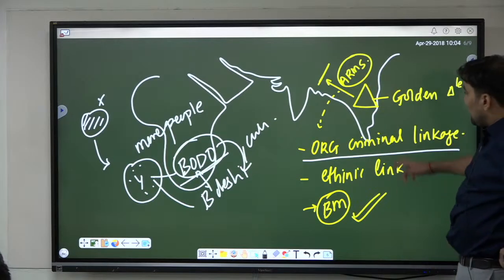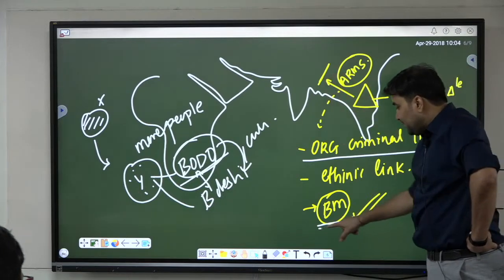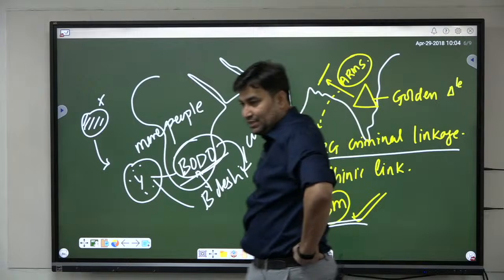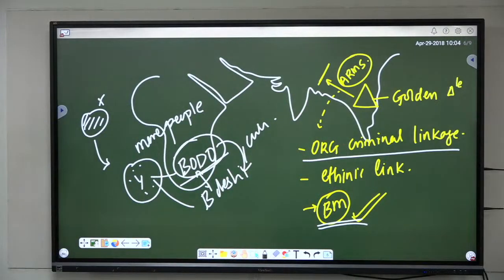Next, how does this come in? Along the borders. That is because of ineffective border management. Next point, ineffective border management.